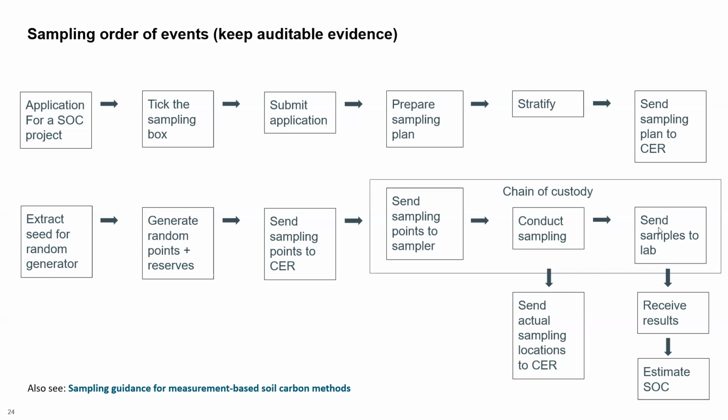All right. Then you send the samples to the lab. You receive the results, and you can finally estimate your soil carbon in your project. So that you know exactly where you stand for your baseline sampling. Same process for subsequent sampling rounds, except that your sampling plan needs to take into account, for example, that the depth you sampled in the baseline sampling round must be the same in most circumstances.